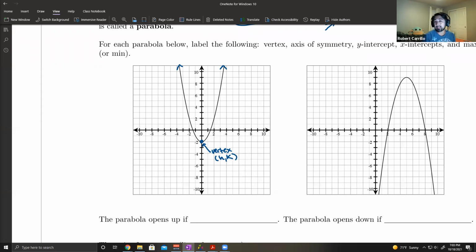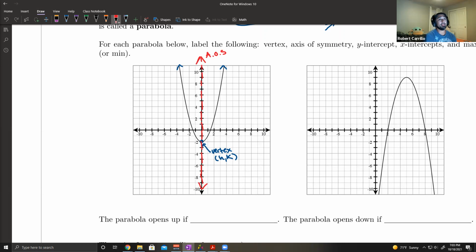It's also known as x and y, but to separate the vertex from everything else, we label the vertex as (h, k). Then there is a line that cuts straight through your parabola, and that line is called the axis of symmetry.